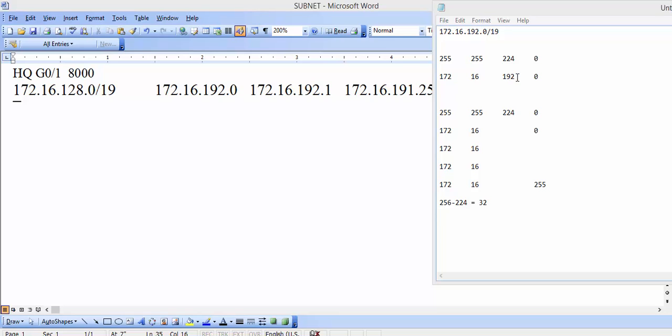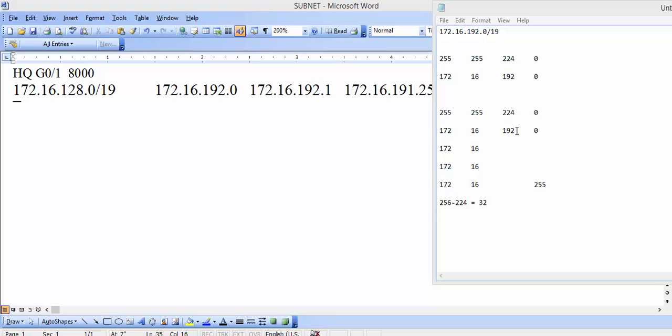This is why 192 fits this criteria. Now we pick this 192 and fill it in the blank.